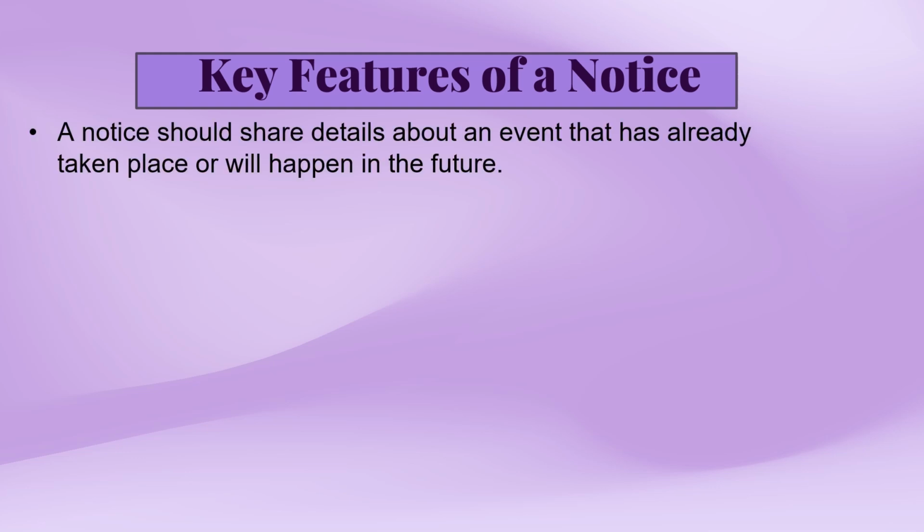A notice should share details about an event that is planned or has already occurred. And I stress this last part because most times we just think of a notice as giving information about something that's coming in the future, but it could be about something that has already happened.